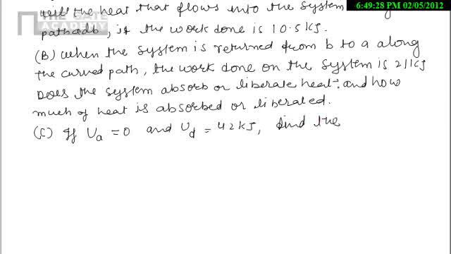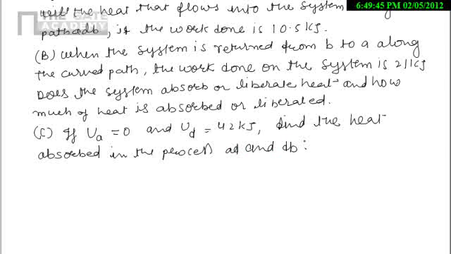Find the heat absorbed in the process AD and DB. So these are the three parts we have to solve. First of all, I will draw the diagram given in the problem.